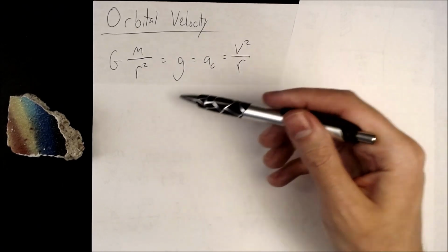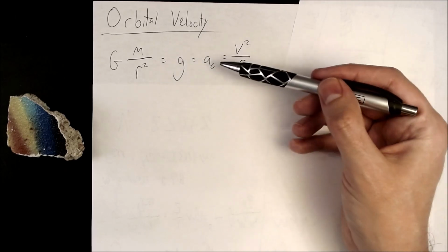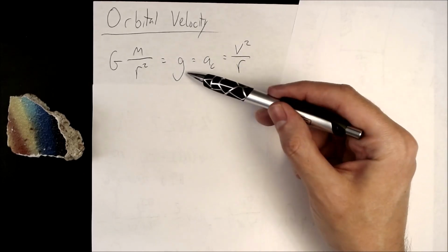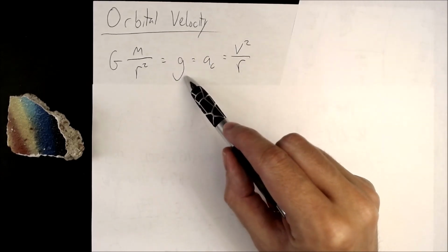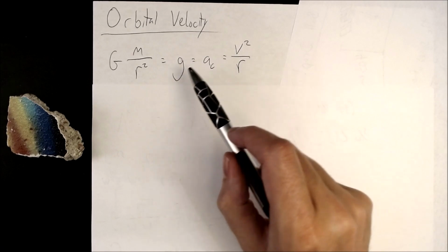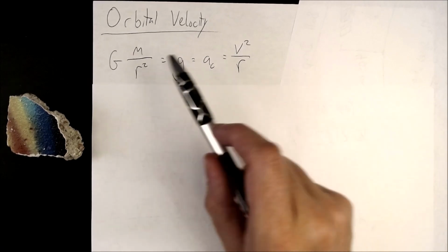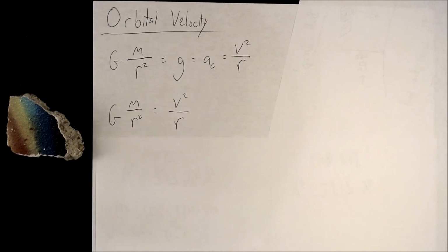And when you are in orbit of a planet, all of the acceleration on you is because of gravity, and it's all pointed inward. And so the gravitational acceleration is also the centripetal acceleration. And so because this is equal to this, then this is equal to this by the transitive property. Well, we can just set those two equal to each other.